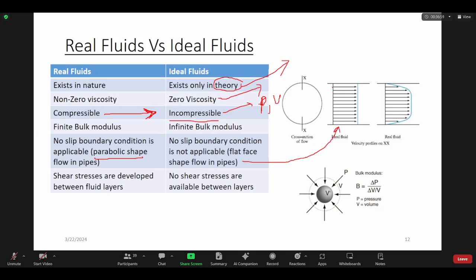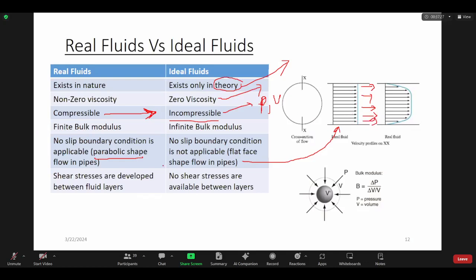You can see these are the streamlines, moving the same way through a pipe. There are no changes between streamlines.